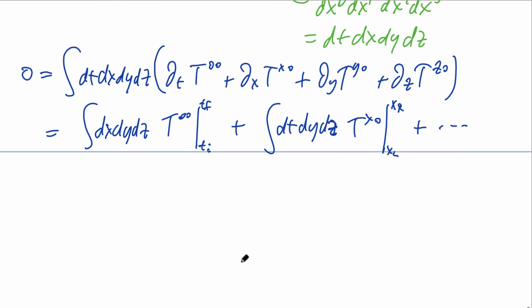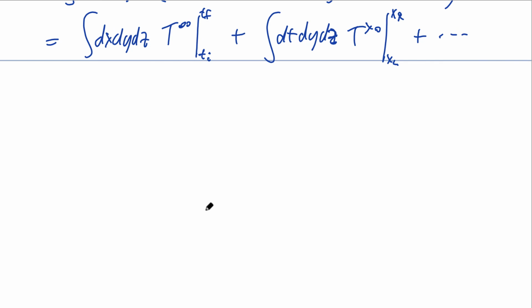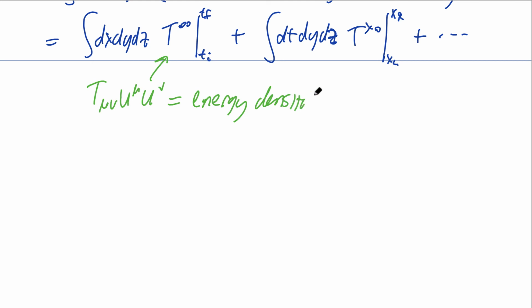Now let's recall the interpretation of the components of the stress-energy-momentum tensor. This T^{00} is, of course, T_{μν} u^μ u^ν, where these are the 4-velocities of our fleet of observers. This is the energy density. And similarly, this is the energy flux in the x direction.